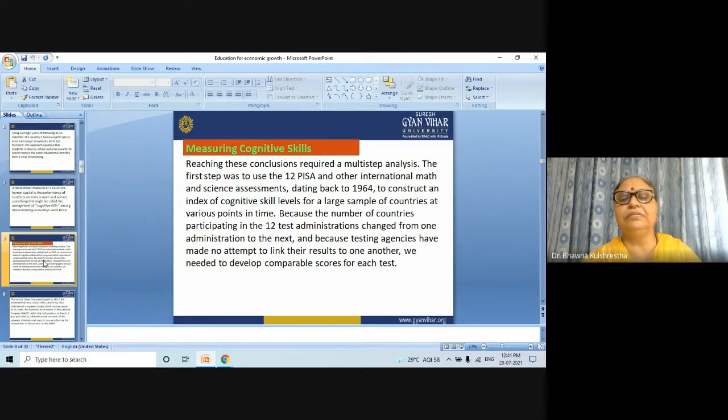This required a norm against which each test could be calibrated.